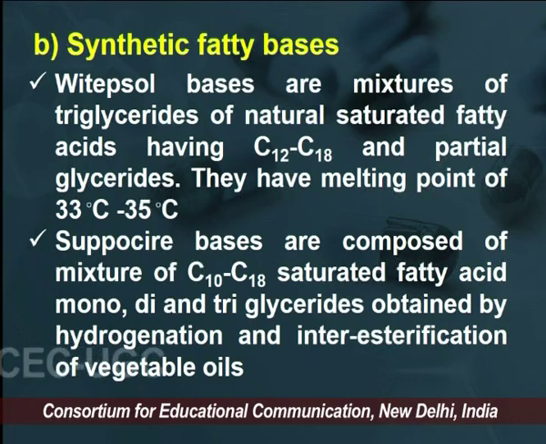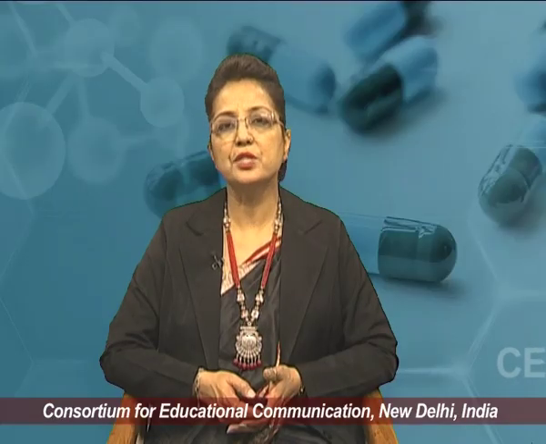The second example under the same category is Suppocire. Now, Suppocire bases are again fats and waxes, wherein the carbon chain ranges from C10 to C18, but the main advantage is that they are saturated in nature, with mono-, di- and triglycerides, which are obtained by the hydrogenation mechanism and also by interesterification of vegetable oils.